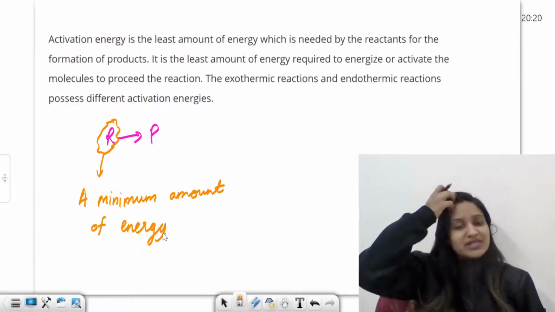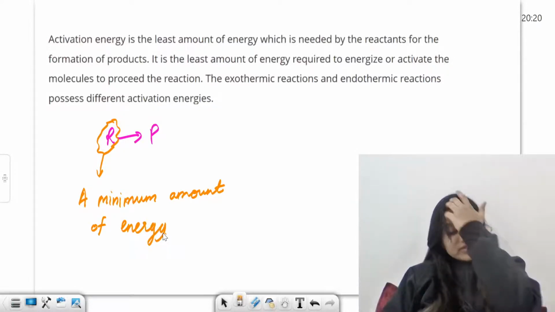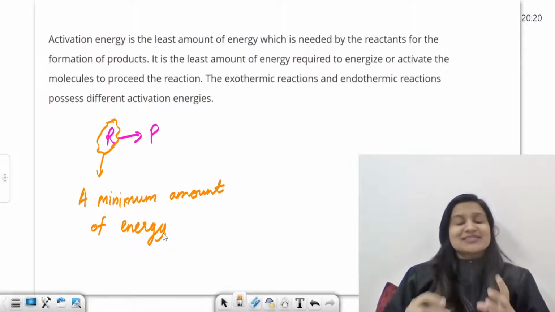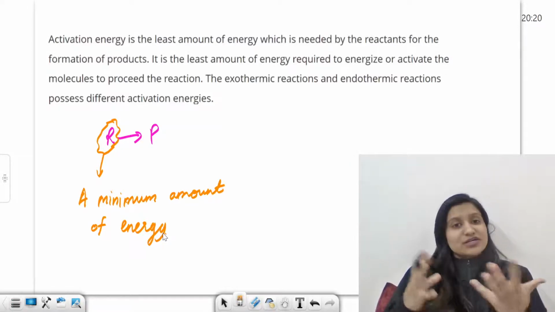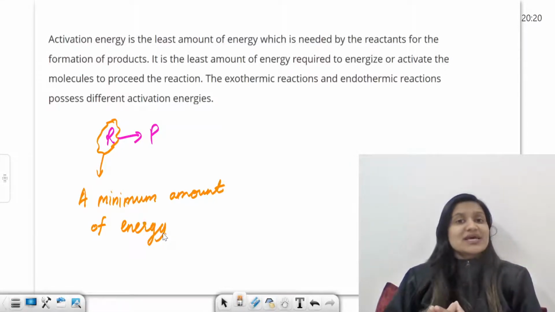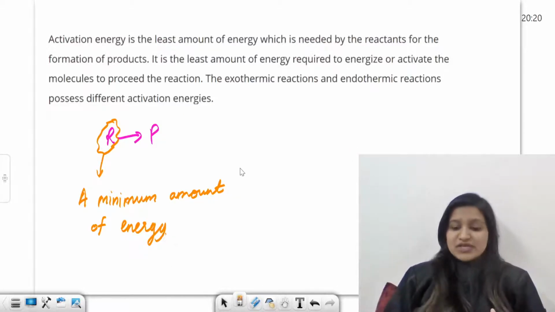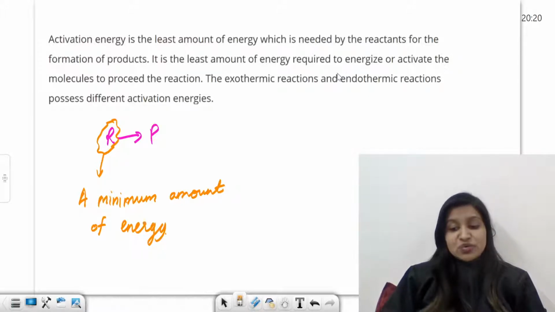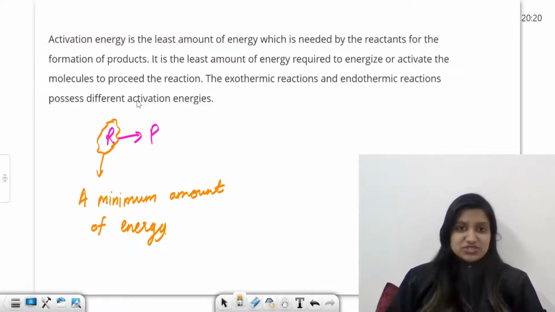Why do I want that? So that the reactants can be converted into the products and our reaction proceeds, right? So it is the least amount of energy required to energize or activate the molecules to proceed with the reaction.